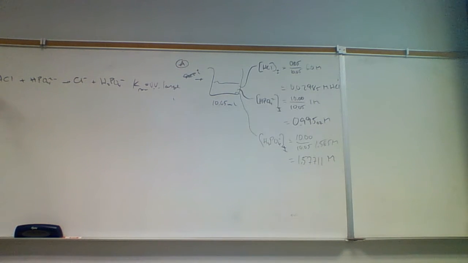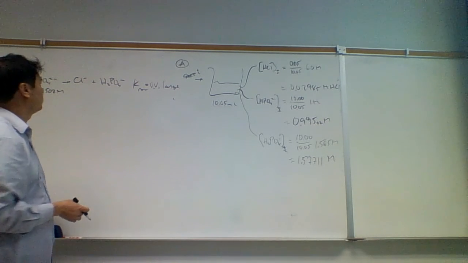So HCl here, we'll just plug it in. It's going to be 0.02985. The base part of the buffer is going to attack or neutralize the acid. The base part is going to be 0.99502. I'm just going to carry extra digits and round at the end.